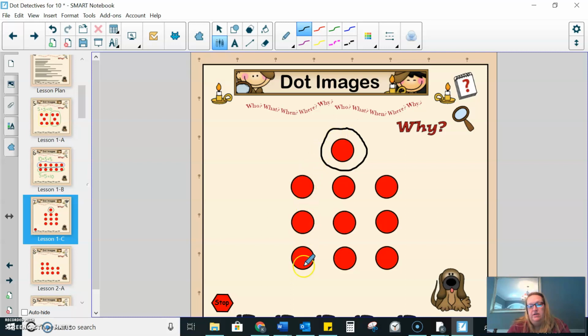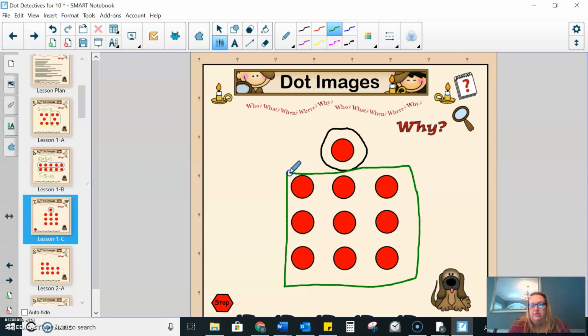And then I know that 3 and 3 make 6, but I also remember learning about 3 and 3 and 3 more, and that equals 9. Good job. And that equals 9. So this is my group here. So I have 1 and 9 more. And what does that equal? You are correct. It is 10.